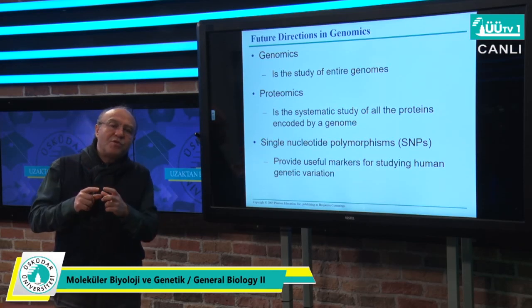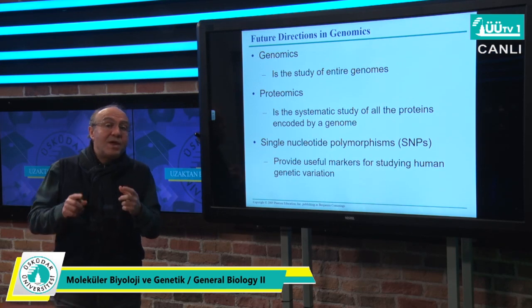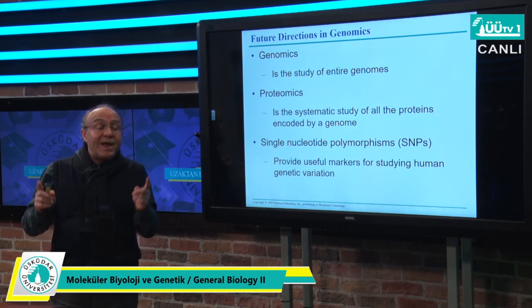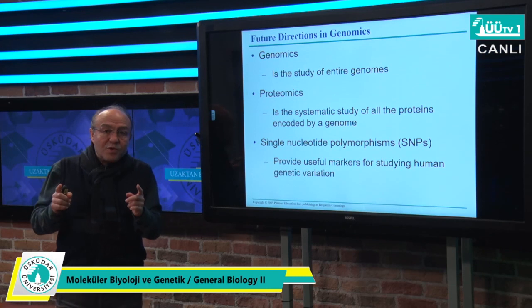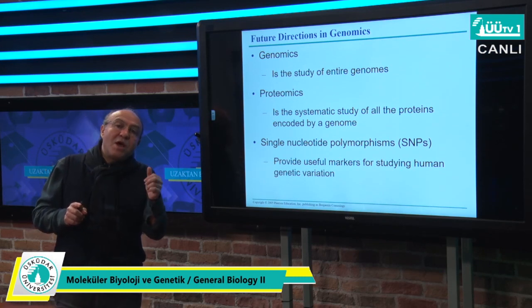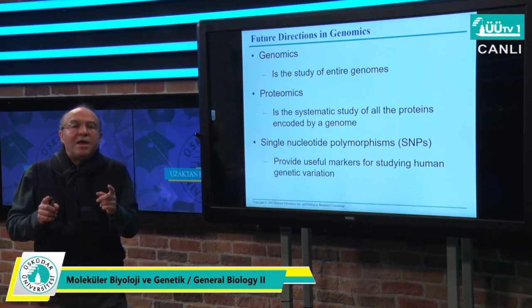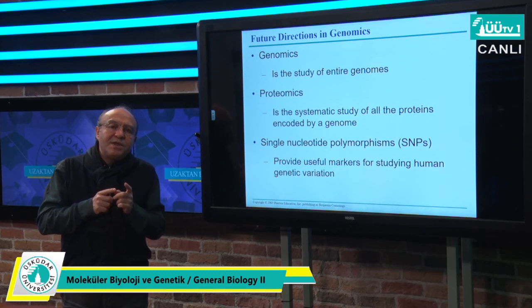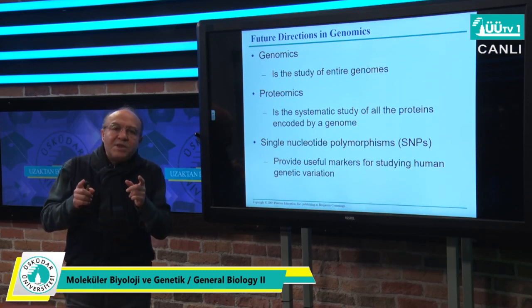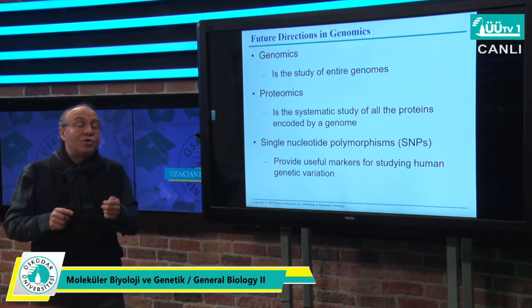E. coli has a circular chromosome, but actinomycetes do not have a circular chromosome; their chromosomes are open-ended linear chromosomes. We use these organisms to understand how the genes are working. And this is really good.